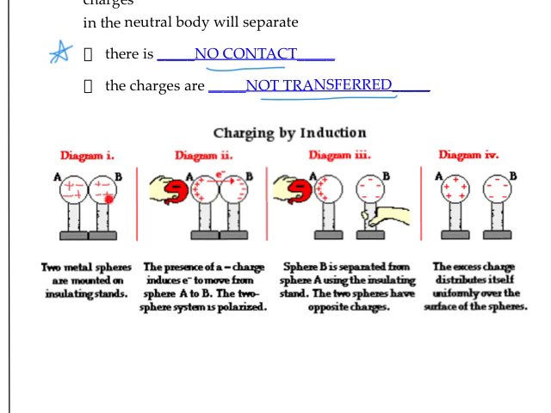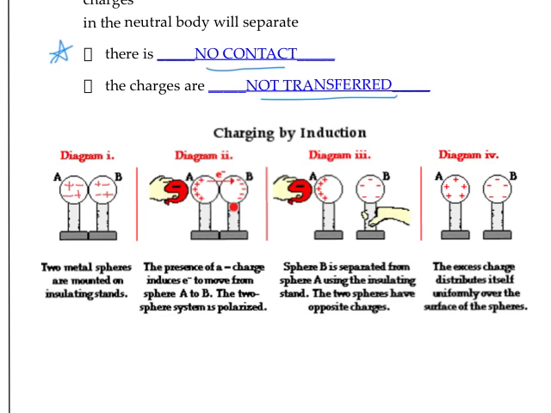All of these charges that were on the inside are now going to separate. So since like charges repel, all of the negative charges that were in those spheres are going to move over to one side. And since opposites attract, all of the positive charges are going to separate over near that negatively charged object that we brought close by.